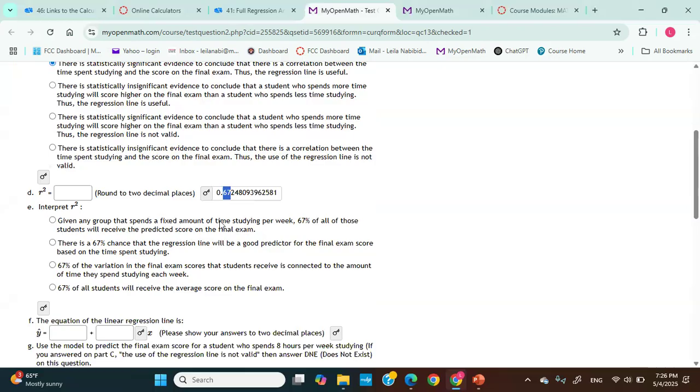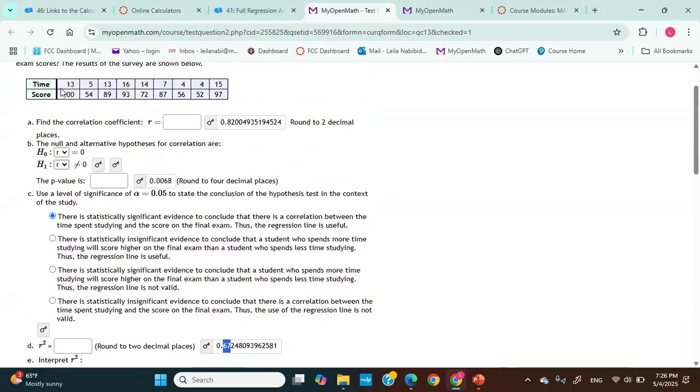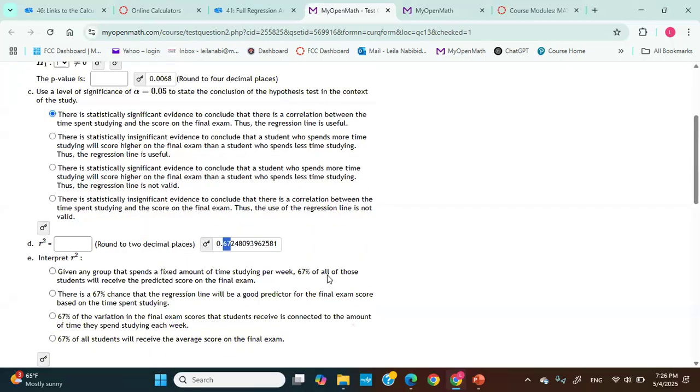And you know that the x values are the time that the student spent, the y values are the score they received on the final exam, which means that 67% of the variation in the final exam score is explained based on the time that the student spent studying for the exam.